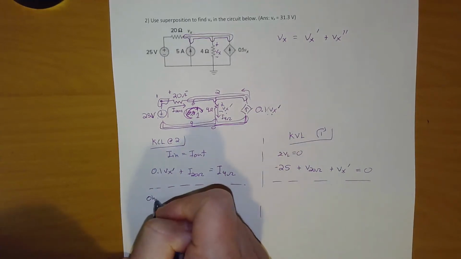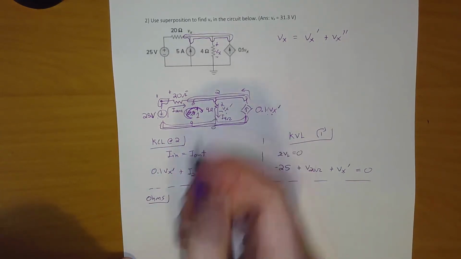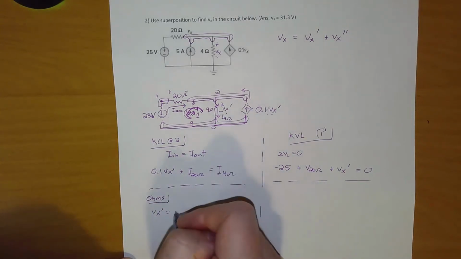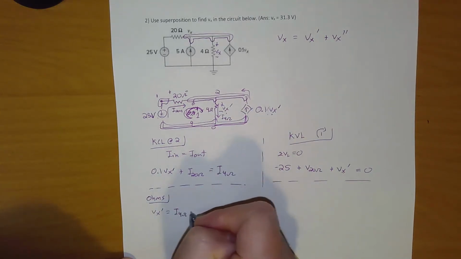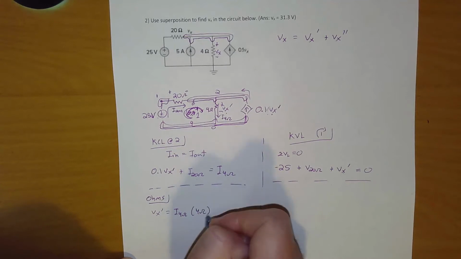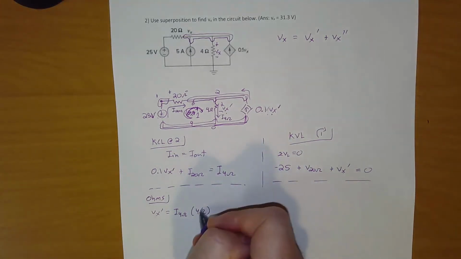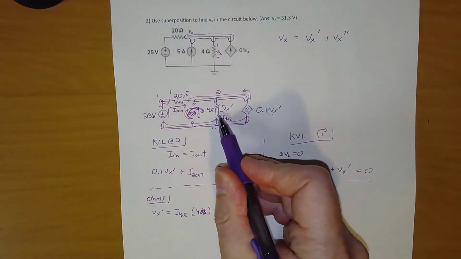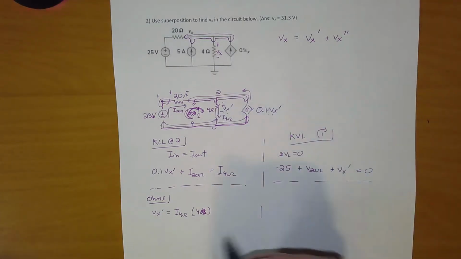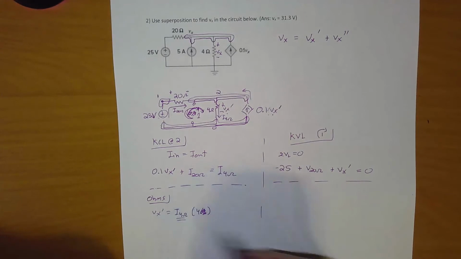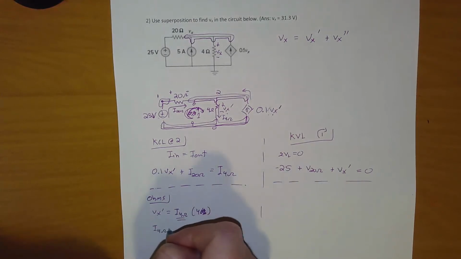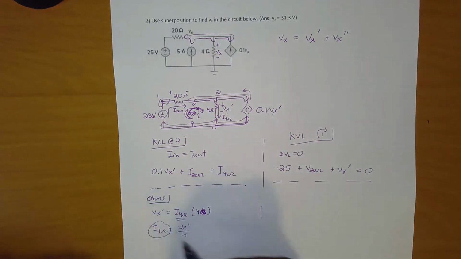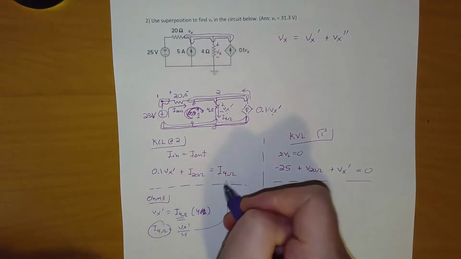So I have Ohm's law, and I know that Vx prime is equal to this I4 ohm times that 4 ohms. And I don't need to put the ohms here because it's already a resistor. So this is just V equals IR at this resistor. I'm going to solve it for the I4 ohm. So I4 ohm is Vx prime over 4. And now I can sub that in here.